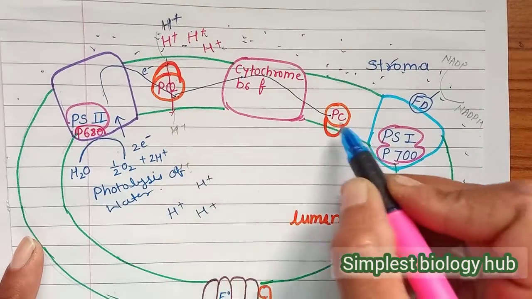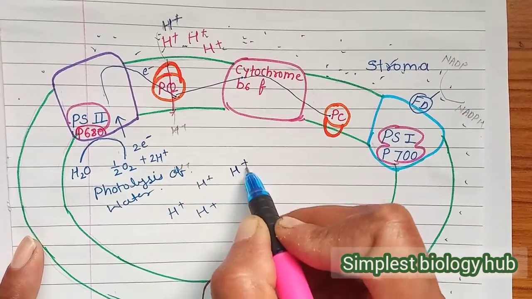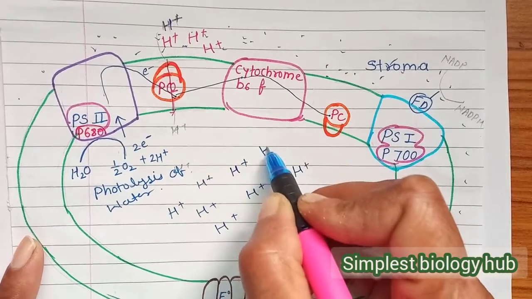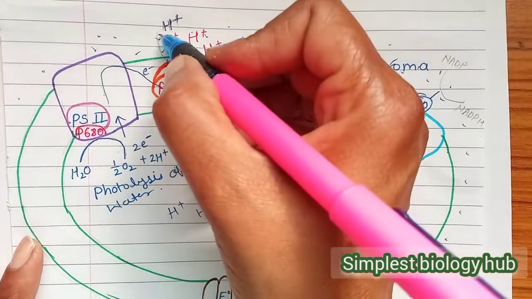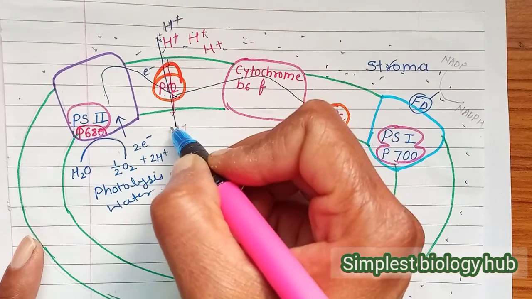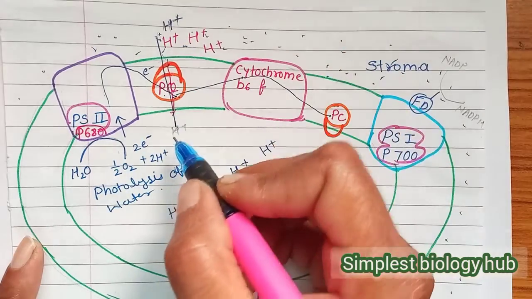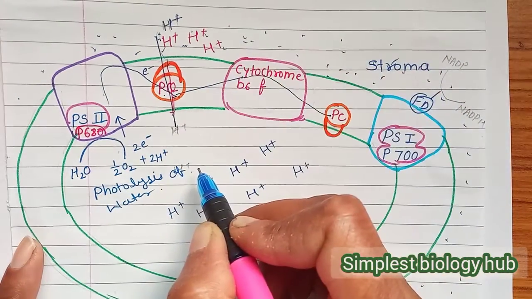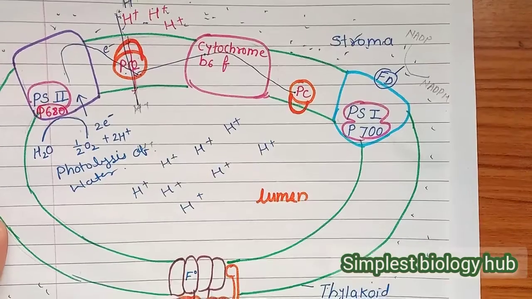So the hydrogen ions inside the lumen increase by the continuous process of photolysis of water, as well as the plastoquinone releasing the outer side hydrogen ions or protons inside the lumen of the thylakoid.